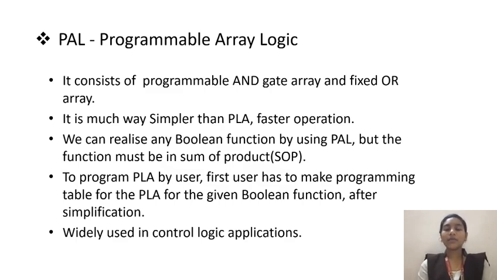It operates faster than the PLA, and we can realize any Boolean function by using a PAL, but the function must be in the form of sum of products, which is SOP. To program a PLA, the user first has to make a programming table.